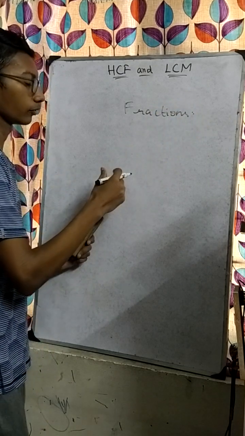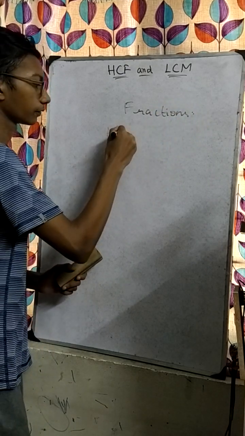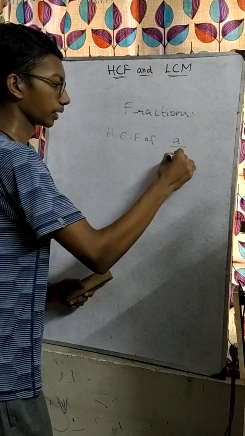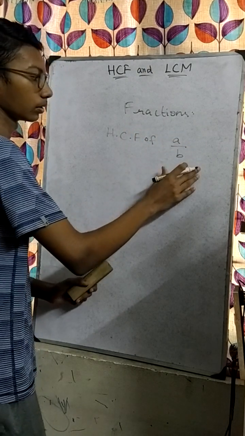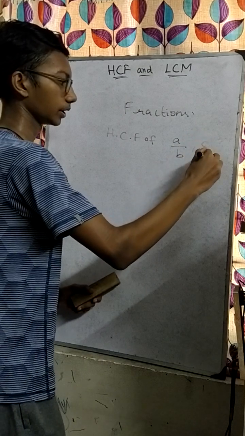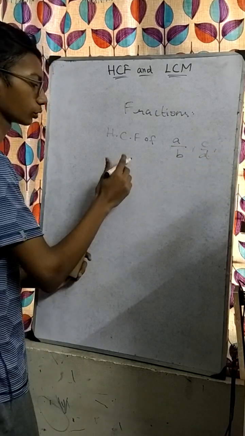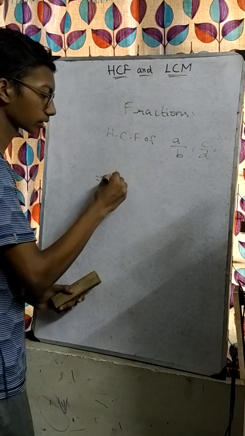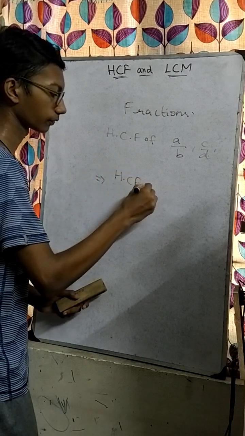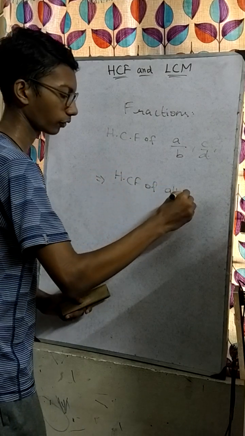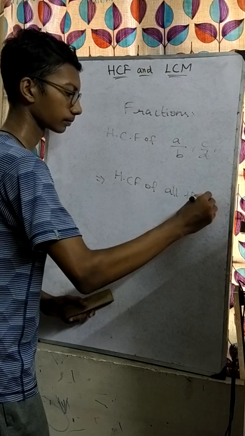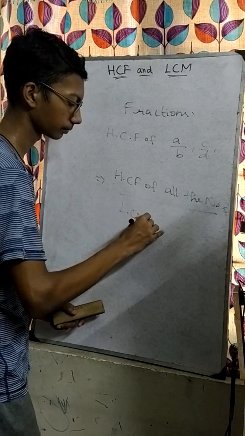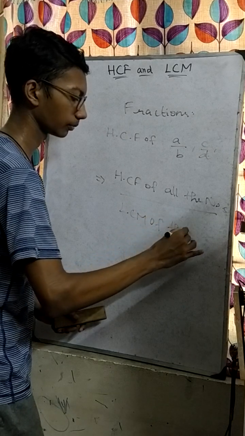If we have to find the HCF of fractions like a by b and c by d and some more fractions, what we should do is find the HCF of all the numerators, divided by the LCM of the denominators.